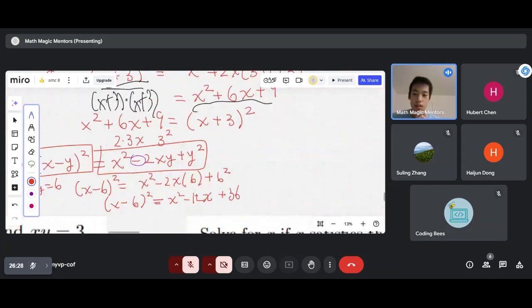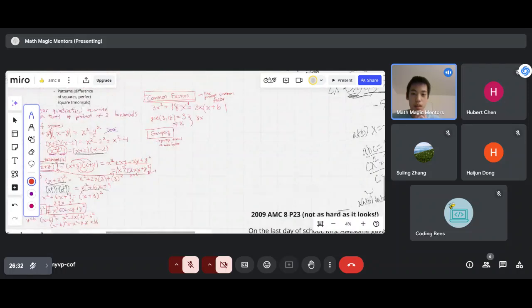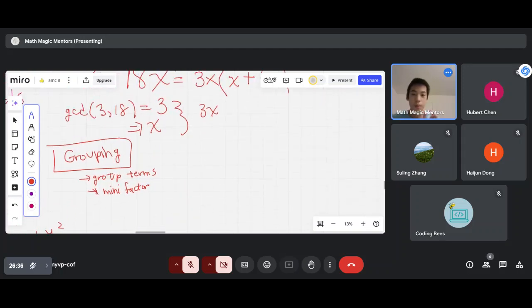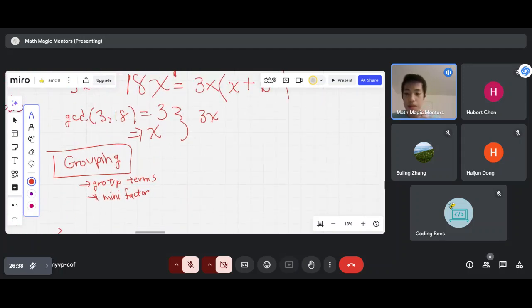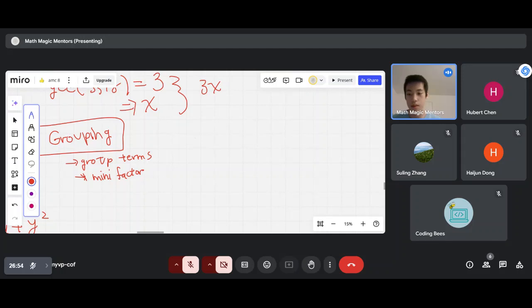So I'm going to introduce the idea of grouping, and it may seem a little bit arbitrary, but sometimes it can be very useful in factoring cubics, expressions with x cubed, or polynomials of higher powers.